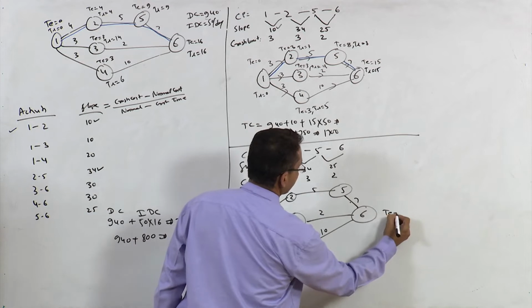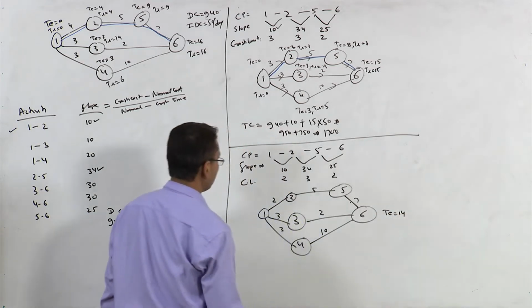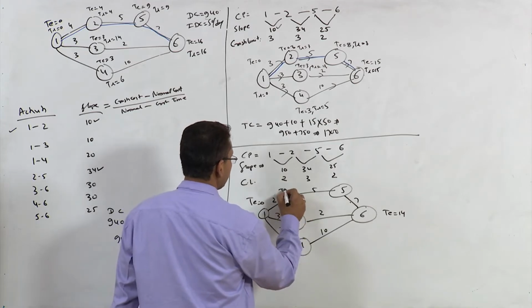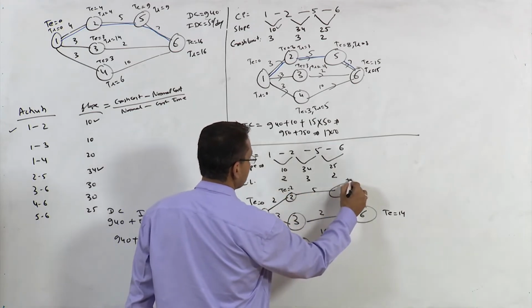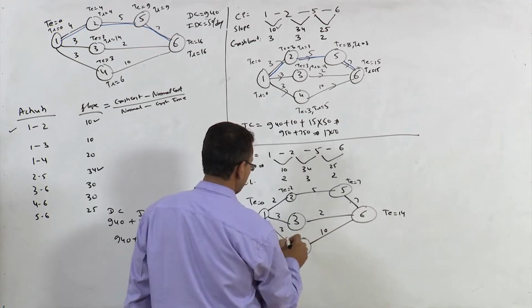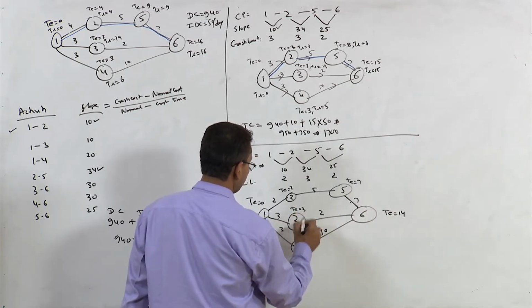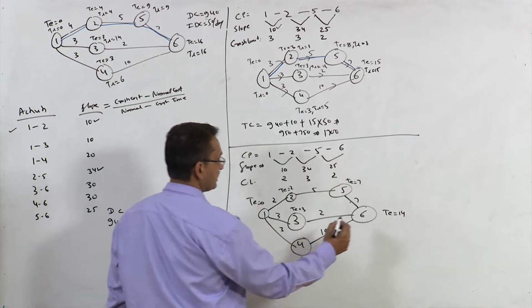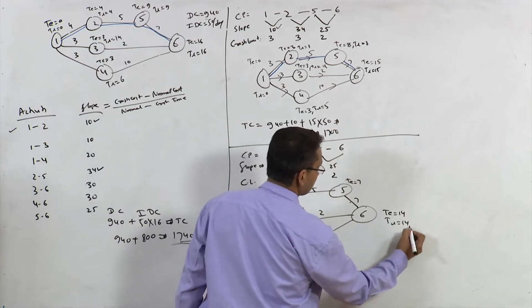So I know that T is 15 here, now it would be 14. So TE is equal to 0, TE here is 2, TE here is 7, TE is 3, TE is 3. Of course TL is also known at this node.